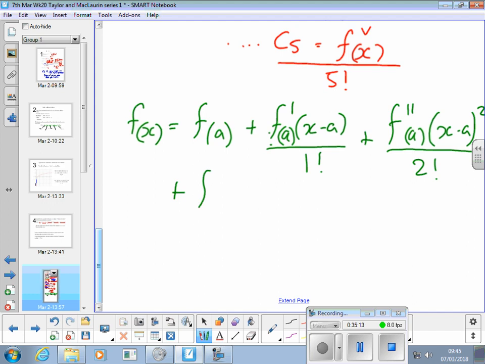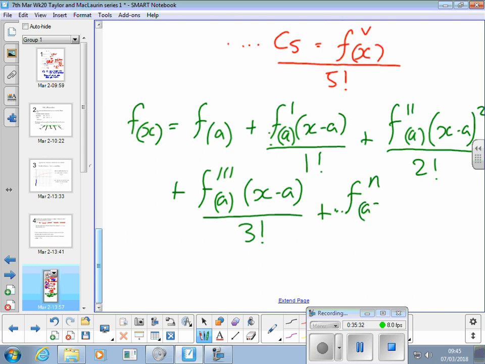plus the third derivative of the function of a over 3 factorial, and that should be cubed in there, x minus a, up to the nth derivative, x minus a to the n over n factorial.